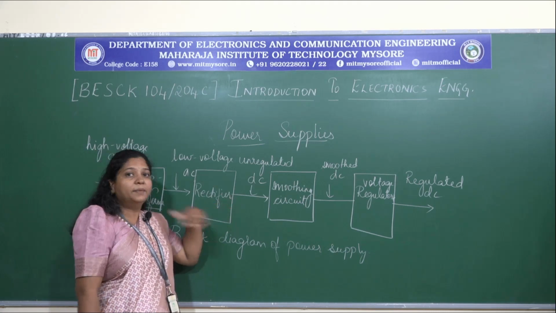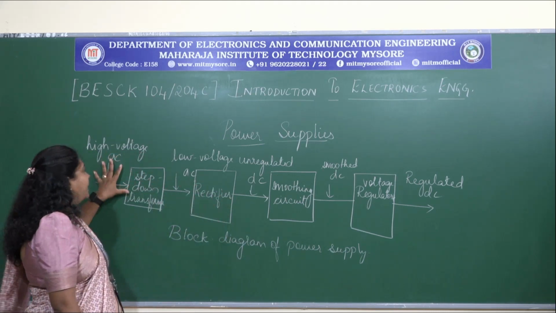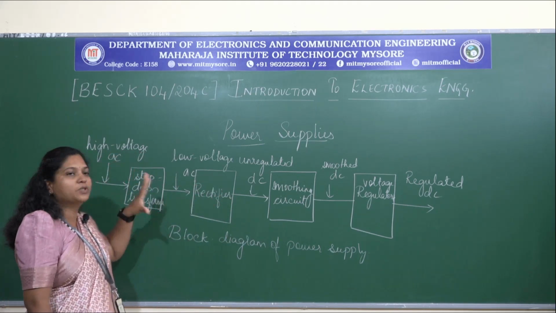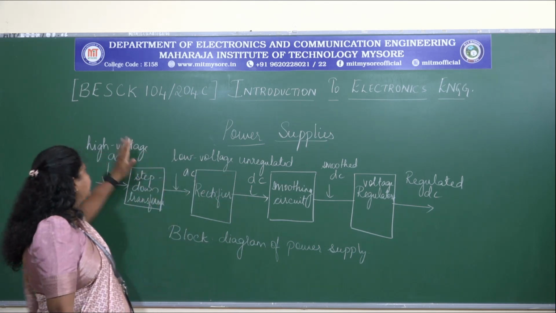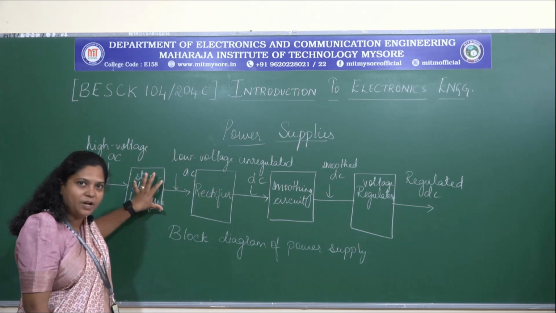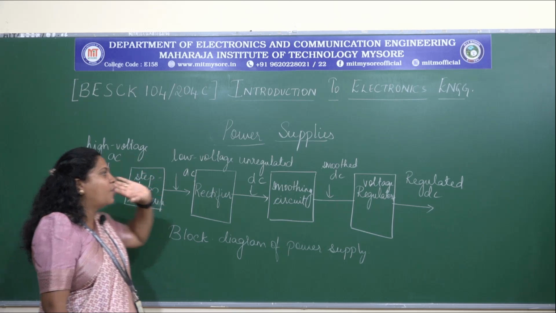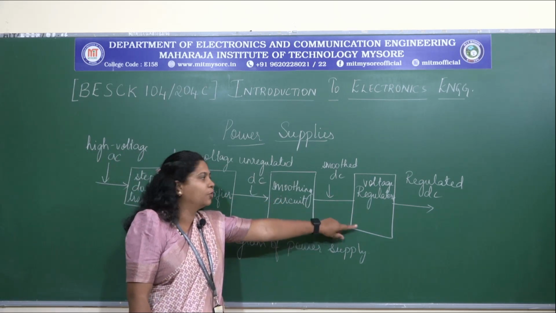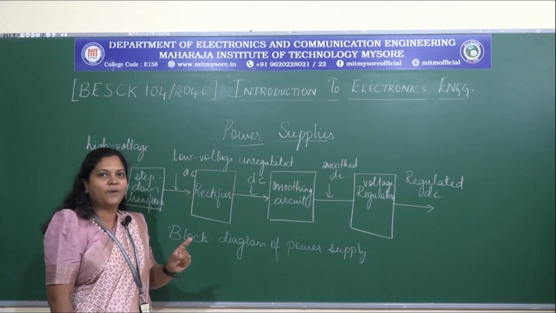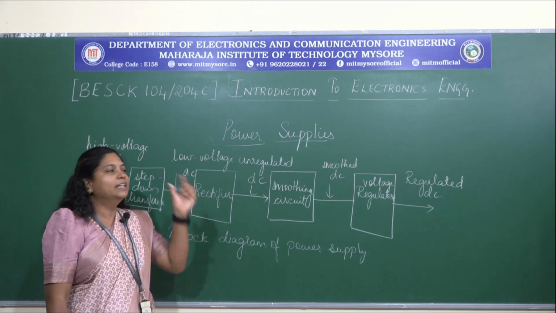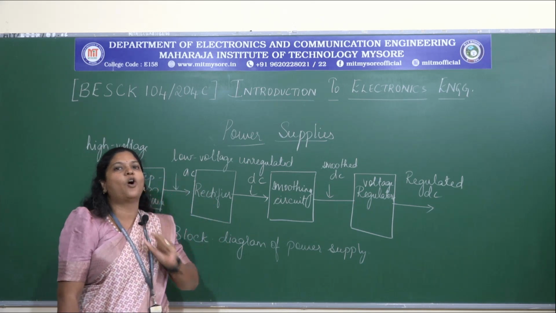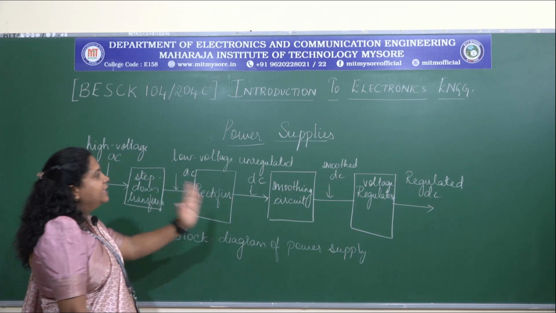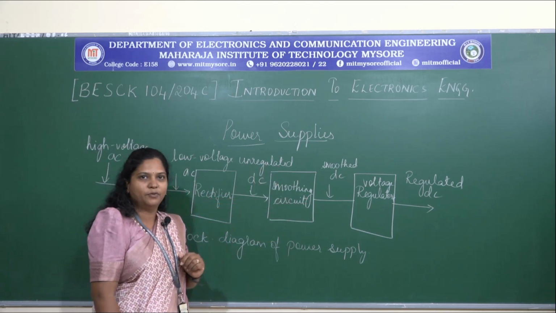Let me brush it up once again. Whenever we are going to make use of a power supply, the first thing that we need is a step down transformer, because for the electronic gadgets that we are going to use, we don't require a high voltage level. Depending on the suitability of that particular gadget, we need to convert it to that level of voltage.